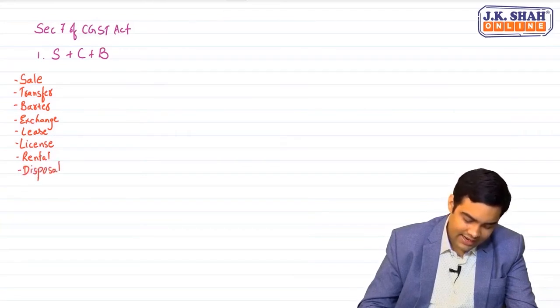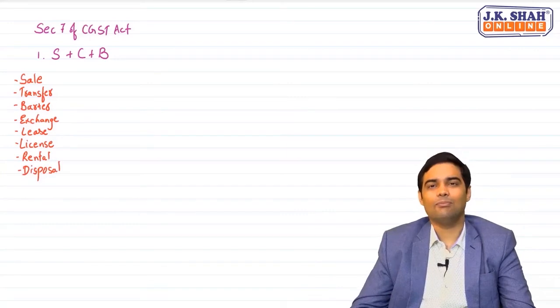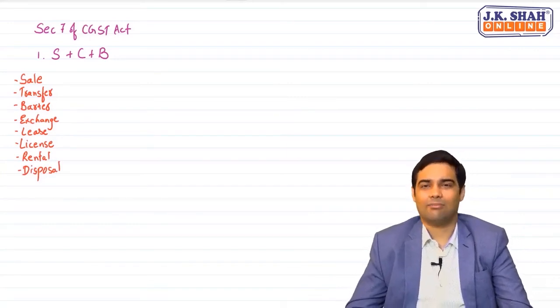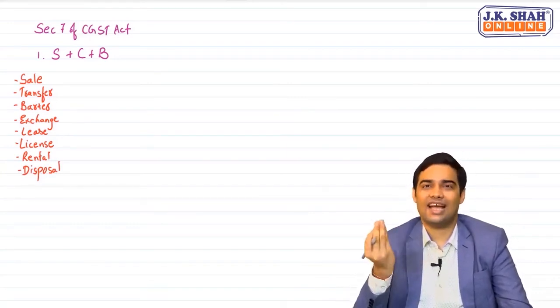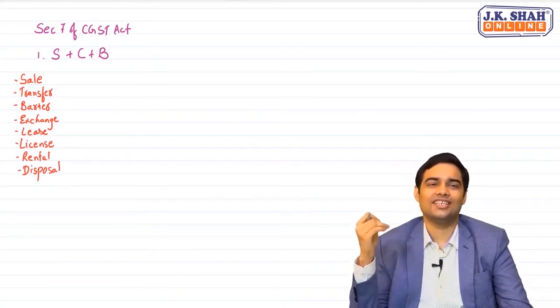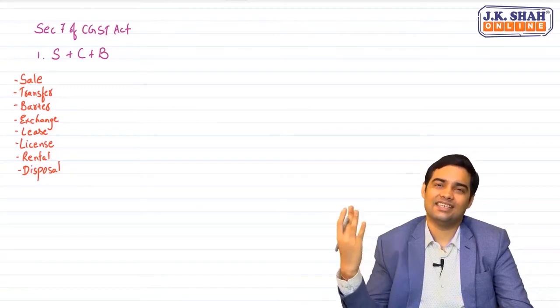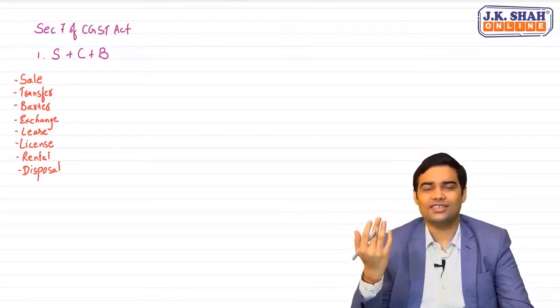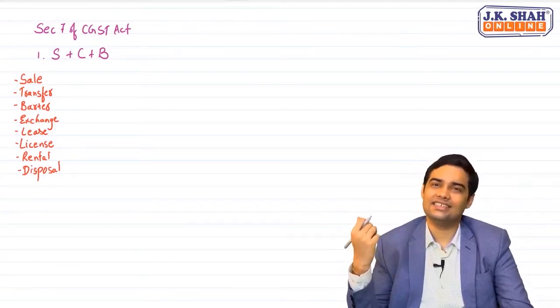These are the 8 examples given under supply. Supply can be beyond this, but these are the 8 instances mentioned in the law.